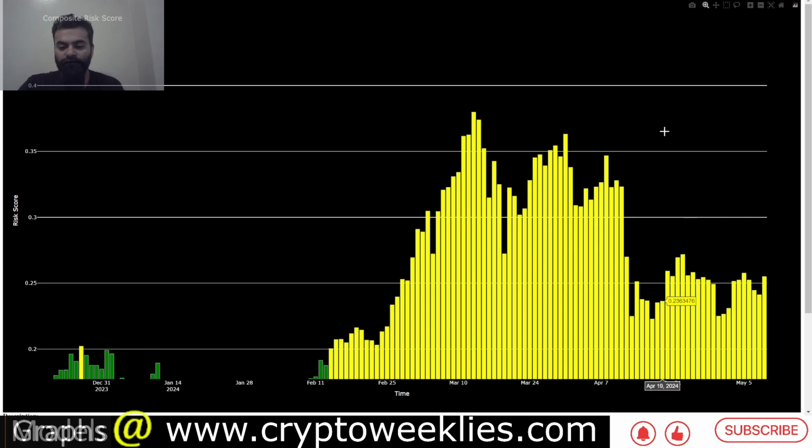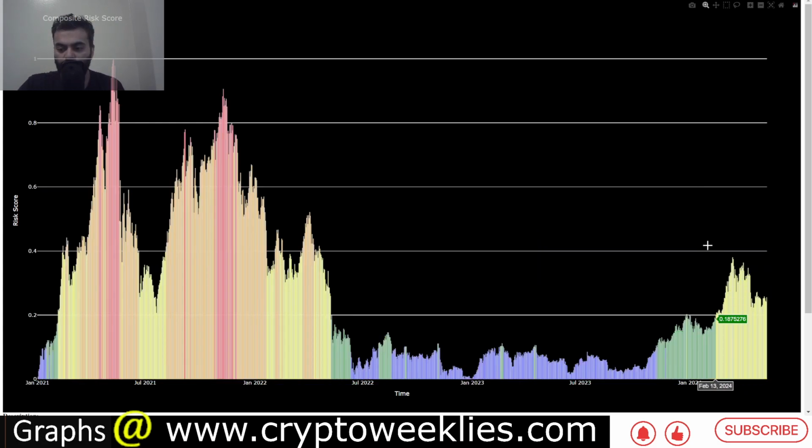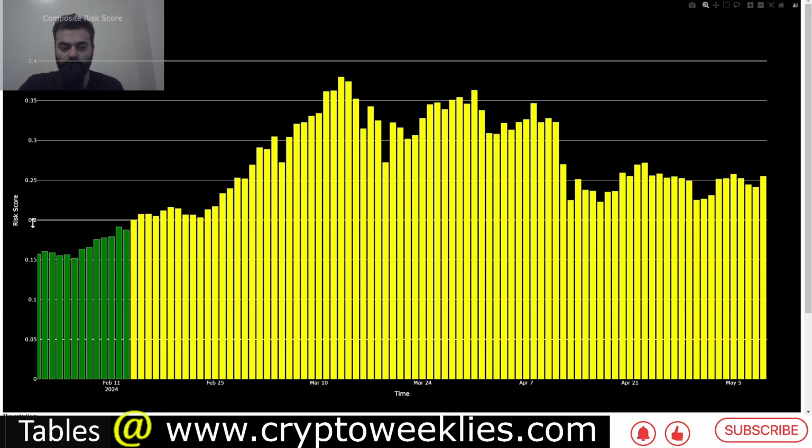If the risks were to go down to this 0.2 level, and this model gets updated every 24 hours, today on May 10th it's a look back of what happened till yesterday, that's when the color codes will shift from yellow to green.